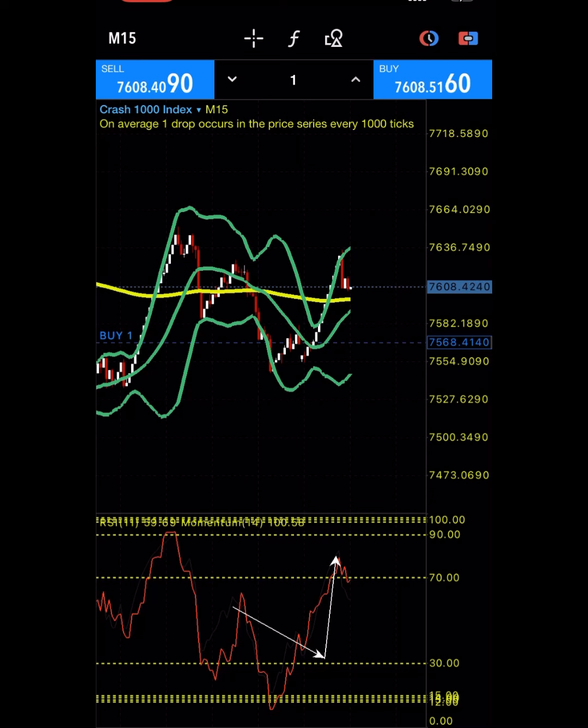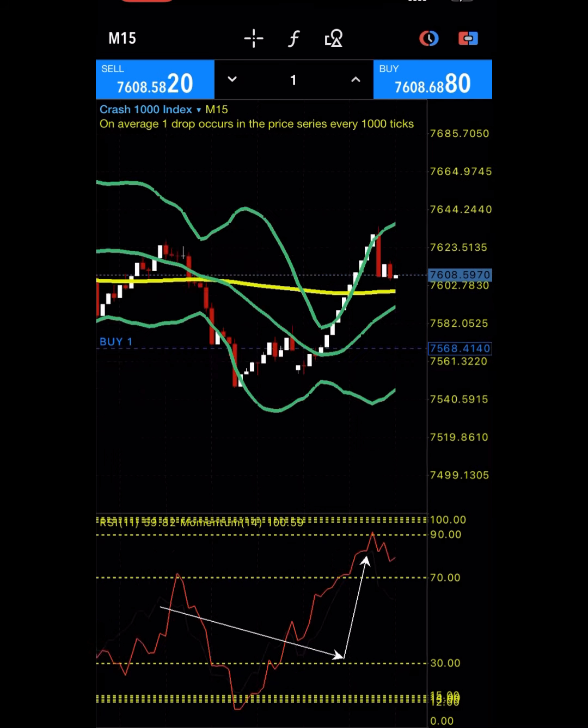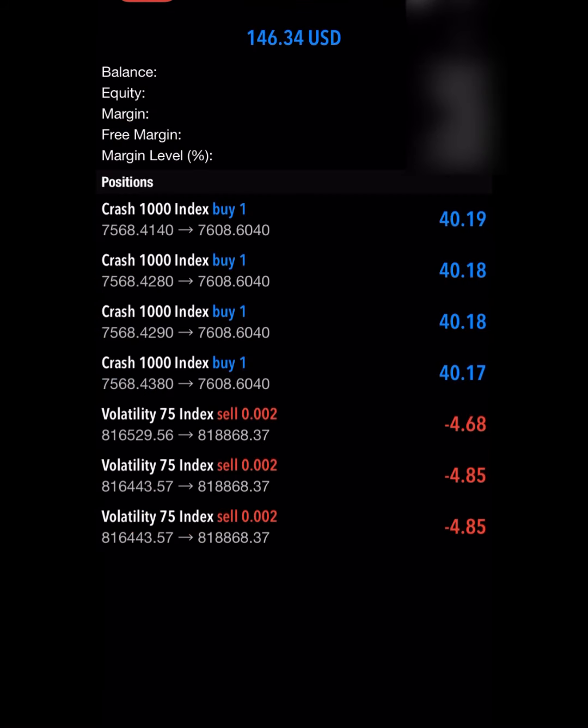In my previous video I was on a live trade where I was taking advantage of the candlesticks in the crash market, and today, as you can see, I'm on another buy trade, running in $148 profits.